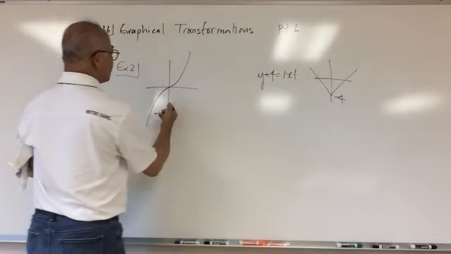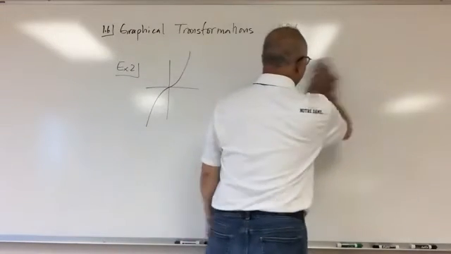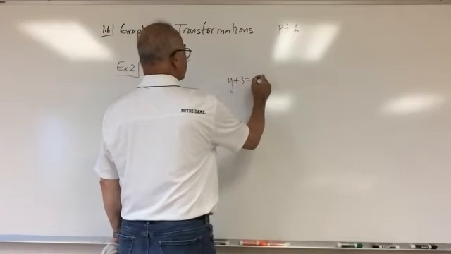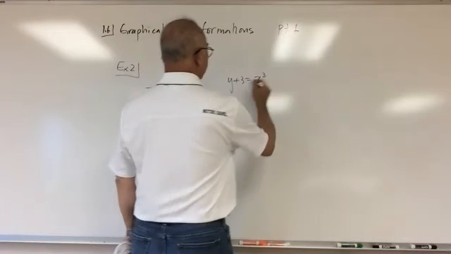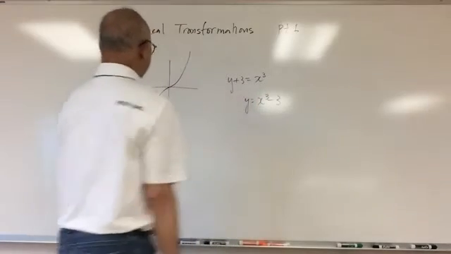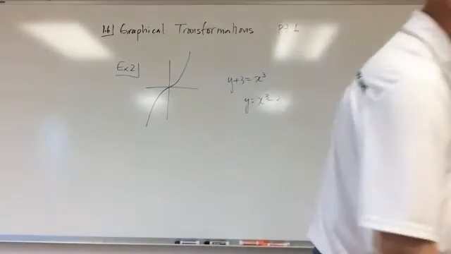So where y is, I'm going to put y plus 3, right? So y plus 3 is equal to x cubed. Therefore, the end result is y is equal to x cubed minus 3. That would be A.